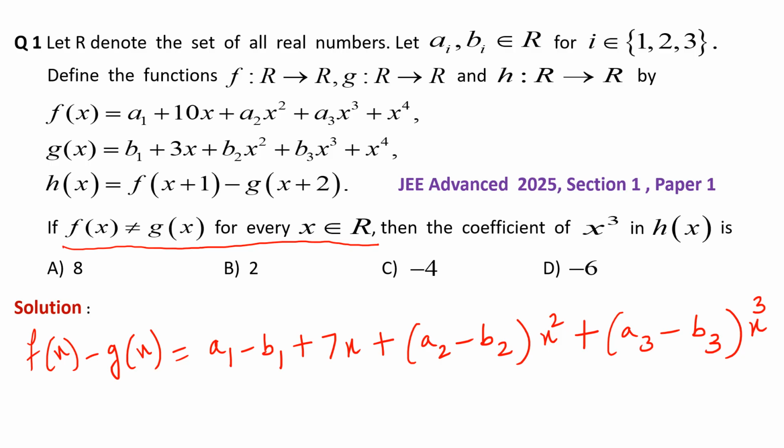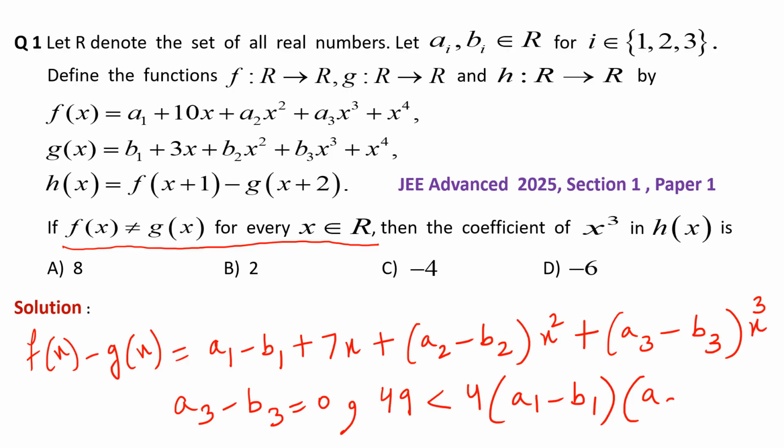Now for this equation to become a quadratic equation, the coefficient of x cube, that is a3 minus b3, must become equal to 0. Moreover, the discriminant of the quadratic equation must be less than 0. Otherwise, that quadratic equation will have two real roots. Now it means 49 must be less than 4 times a1 minus b1 into a2 minus b2.